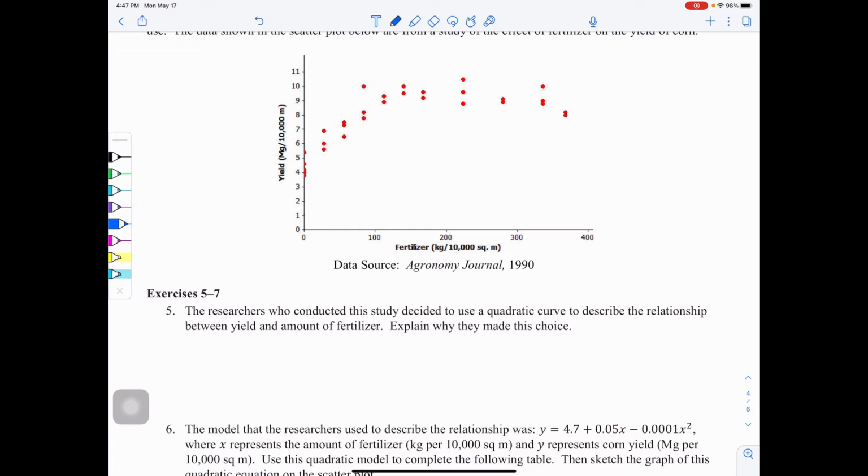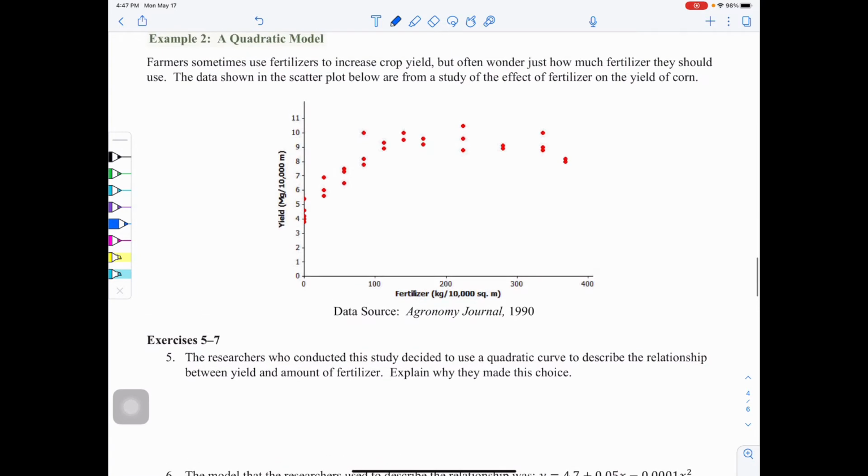Okay, so let's take a look at this. Quadratic means we have that U shape. And if I take a look at this, to me, this looks like we do have that U shape. We're kind of going up, but then coming back down. So in order to describe that relationship, we want to talk about where it's increasing and then where it starts to decrease to show that it has this upside down U shape.